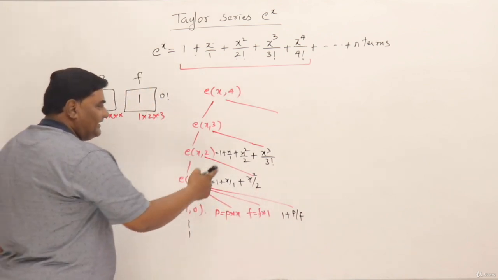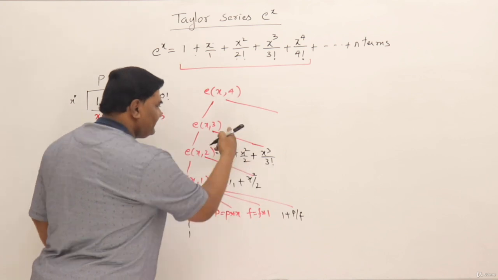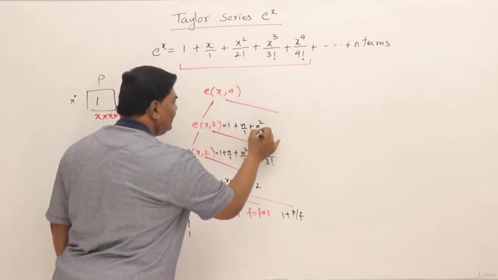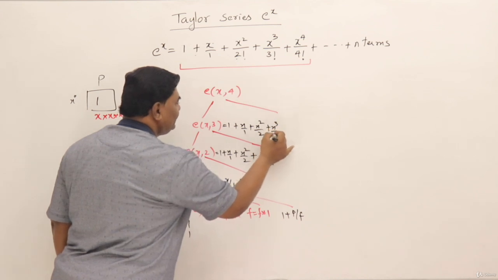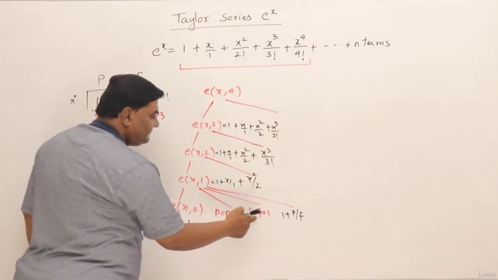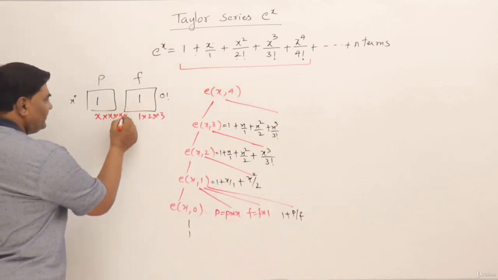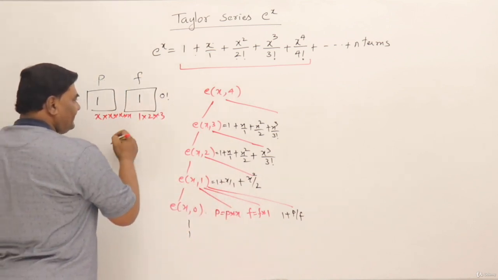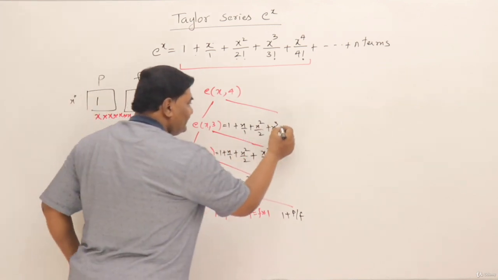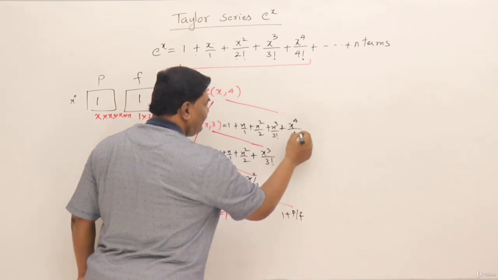That is 6. Now this is the result of this function call, so this returns and this becomes 1 plus x by 1 plus x square by 2 plus x cube by 3 factorial. Now these steps, as I said, I will not be writing them, but I am performing every time. So p again into x, this becomes x power 4 and this is into 4, so this becomes 4 factorial. So that term is added and this is x power 4 by 4 factorial.